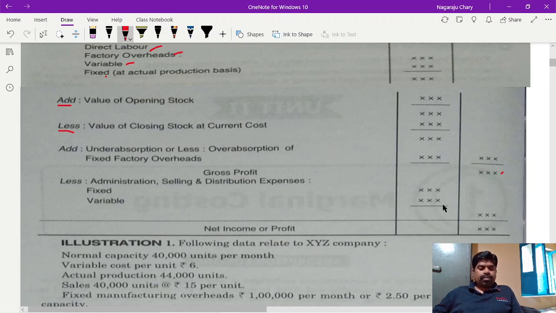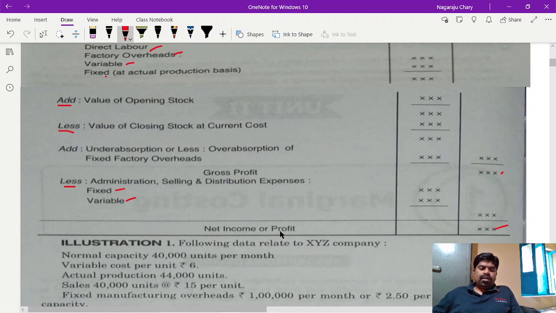After that, from gross profit, we have to deduct administrative, selling and distribution expenses. In that we have two types of cost, that is fixed cost and variable cost. These two types of cost are to be deducted from gross profit. Then ultimately we get a net profit.